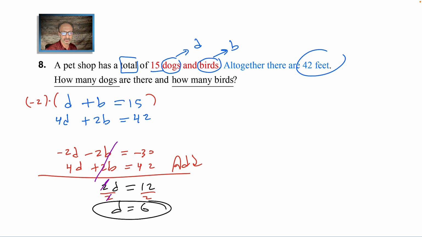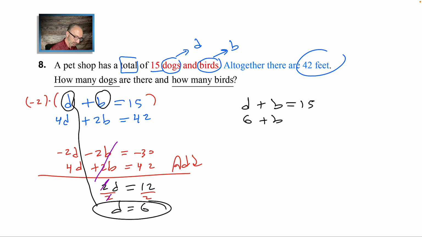We're almost done. We have D. So we could go back and use either equation, doesn't matter which one. I'll use this one. If this is 6, 6 plus what as mental math equals 15. That should be 5. So we have D plus B equals 15. 6 plus B equals 15. If you want to write the steps, subtract 6, subtract 6.